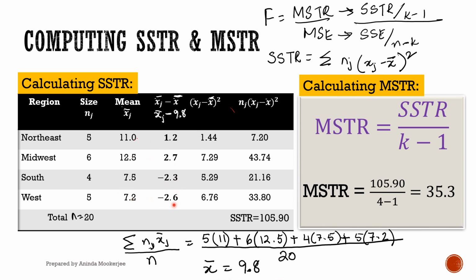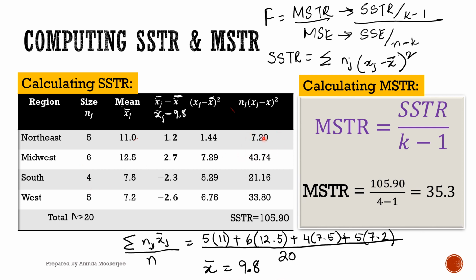Now, once we calculate all the differences of the individual means from the overall sample mean, we first have to square them, and remember, when you square any value, whether positive or negative, you should always get a positive value. Once we square them, we have to take the weighted average by multiplying each of these values by their respective sample sizes.